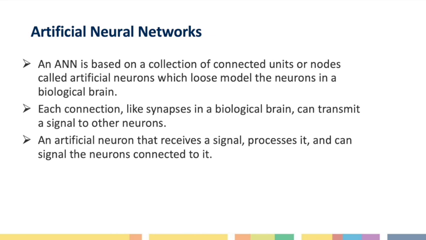Now let's see definitions. An artificial neural network is based on a collection of units that are connected, or nodes or neurons that are called artificial neurons. They say that these neurons are inspired by the neurons of a biological brain, but the truth is that this is more like mathematical operations, simple mathematical operations.